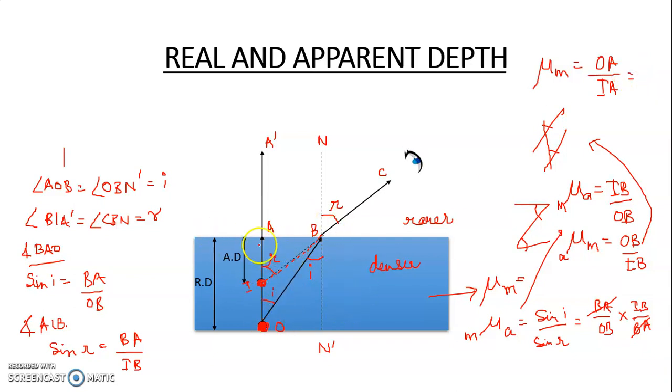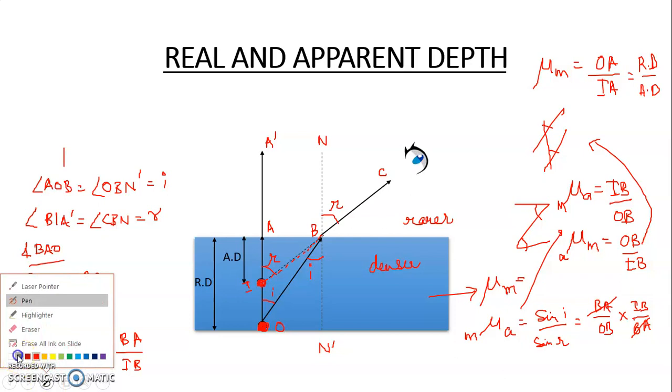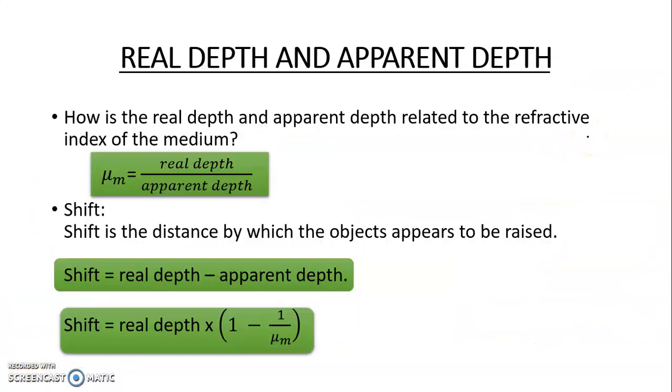Can you see over here? OA is the real depth. And what is IA? IA is the apparent depth. So what you're getting is real depth by apparent depth. So the refractive index of a medium is equal to the real depth by the apparent depth. I hope everybody is clear with this. Okay, so let's move on to the next slide.